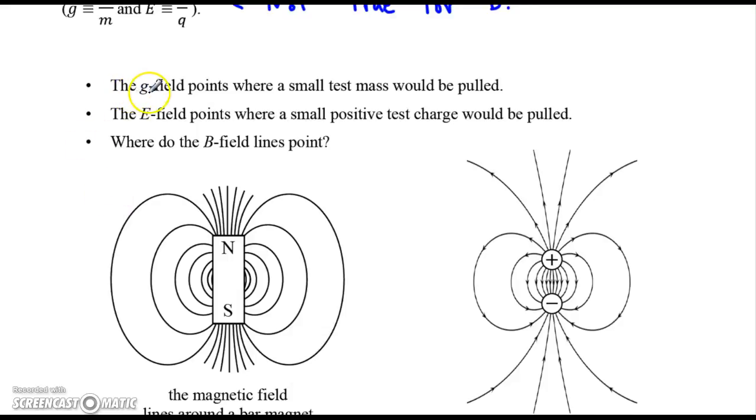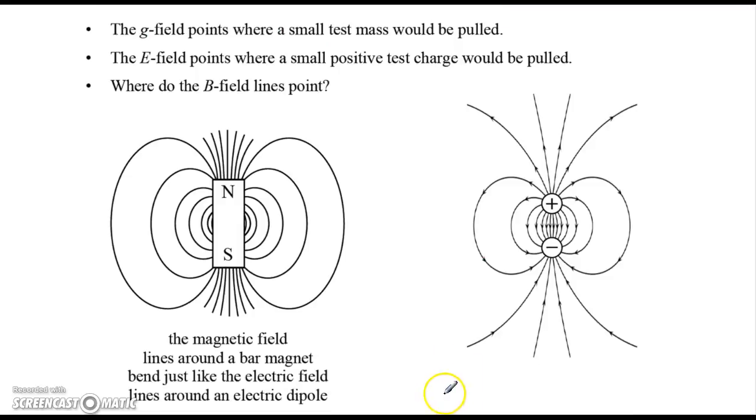Now, we know that the gravitational field strength points where a small test mass would get pulled, and the electric field strength points where a small positive test charge would be pulled. Right, this is our test particle. But where does the B field, the magnetic field, where do those field lines point? Before we answer that question, let's look at an example.